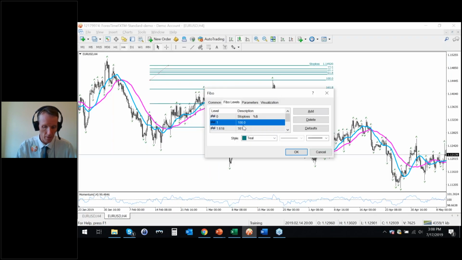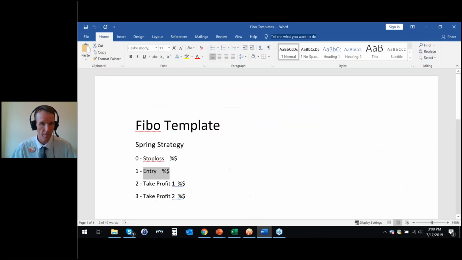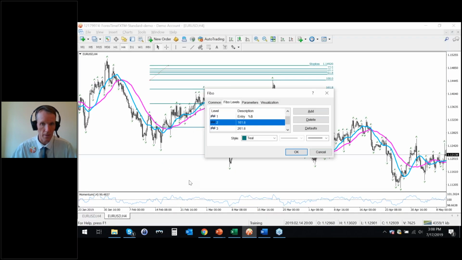And paste it in. Then I've got my entry. And 161 I'm going to delete. Or no, I'm just going to change it to 2. And that one I'm going to change to 3. And then with the take profit, I'll just paste that in there, once you get used to it.